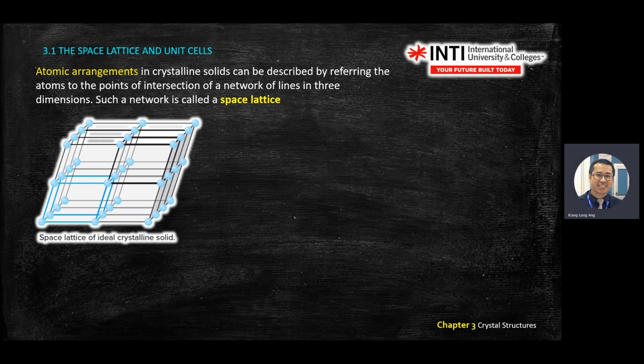It's an atomic arrangement, how the atoms are arranged in a certain way. If it's crystalline, you can use this space lattice to do analysis because it's repeated and you can fit them inside the cube here.